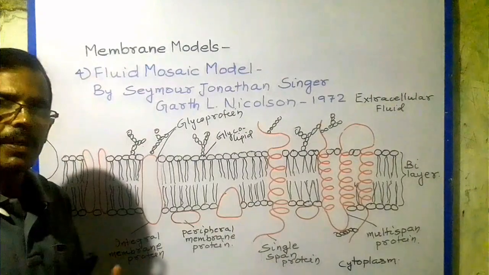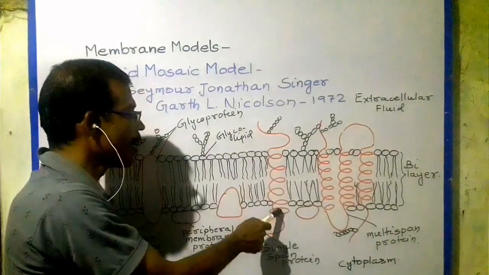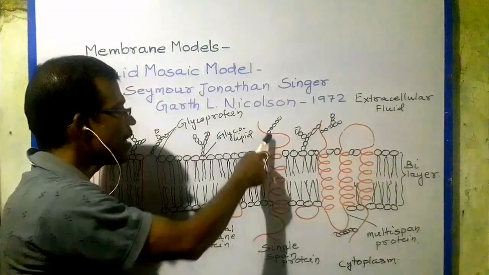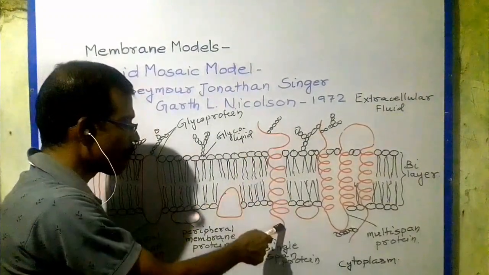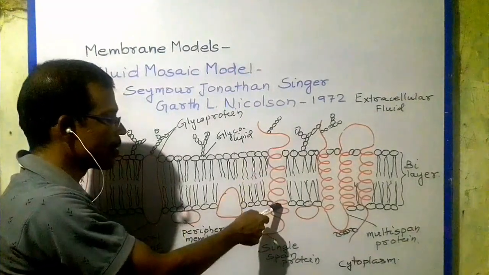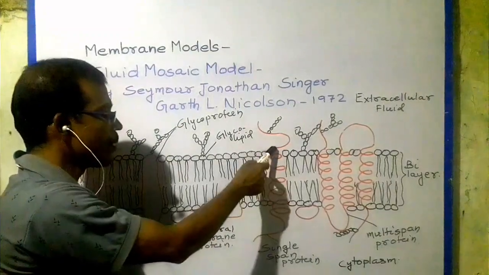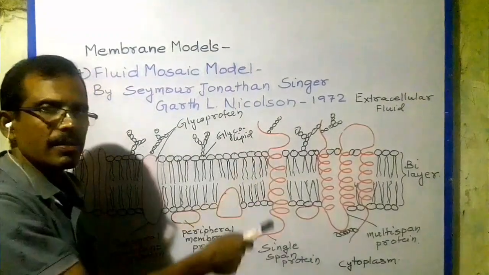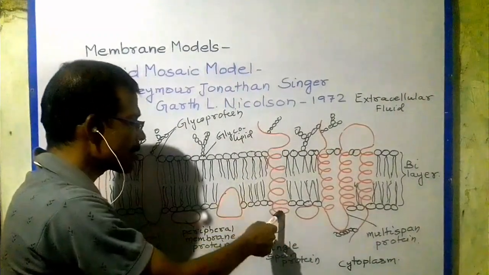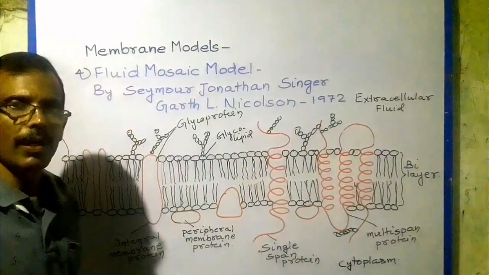One class of integral membrane protein spans the lipid bilayer only once. Here this is an integral membrane protein which has this alpha helical segment. And this integral membrane protein spans the lipid bilayer only once. Such types of transmembrane protein are called single span proteins.